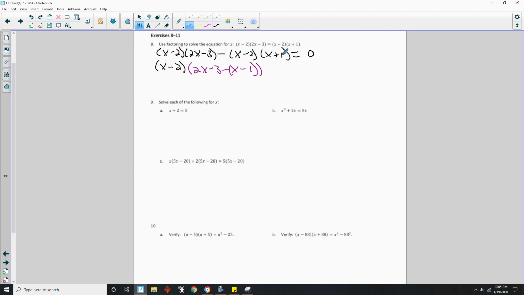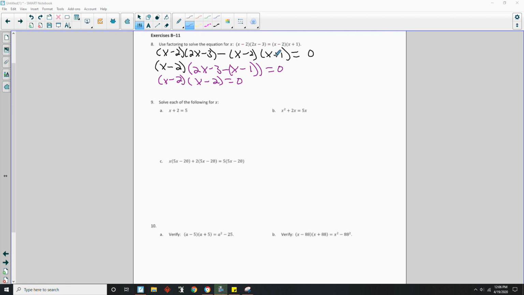So this times this would give me this. Still equals 0. Simplify this, we get x minus 2 times 2x minus x is x. Negative 3 minus a negative 1 is plus 1. Negative 3 plus 1 is negative 2 equals 0. So I get x minus 2 times x minus 2 equals 0.